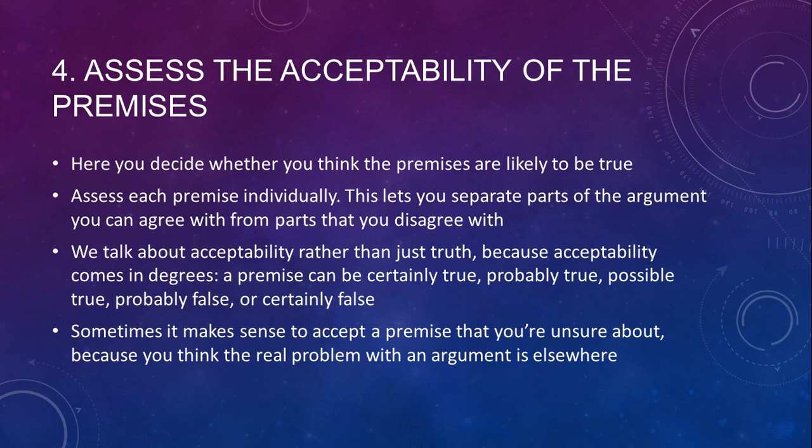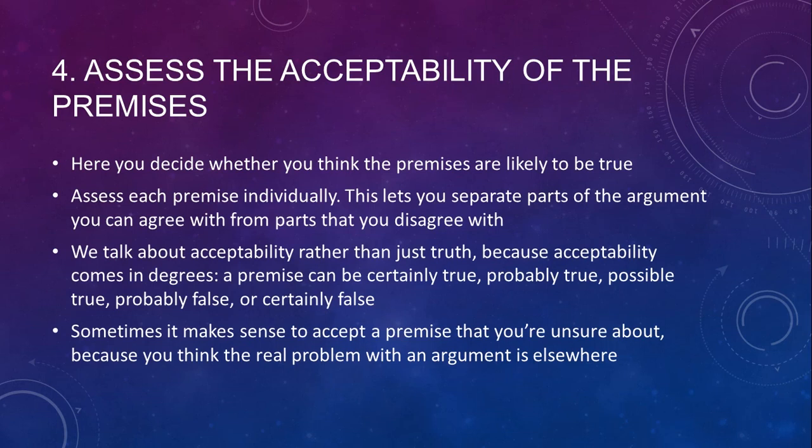We want to talk about acceptability rather than just truth, because things generally are either true or false, whereas acceptability can come in degrees. A premise can be certainly true, or probably true, or possibly true, or probably false, or certainly false, or any of the microgradations between them. And the degree to which you find a premise acceptable might depend on the context. How important is it in the argument? How important is the conclusion?